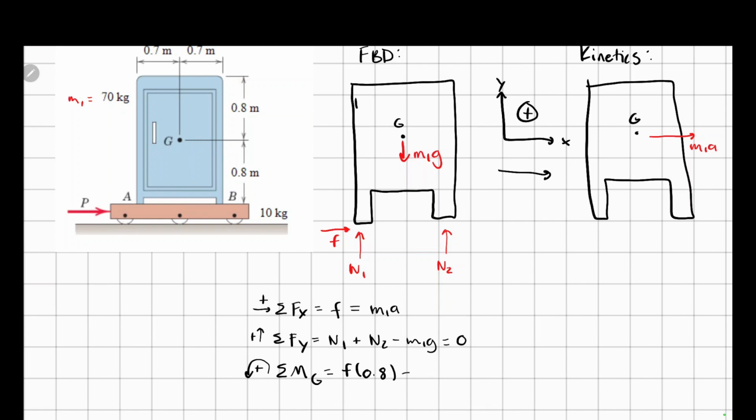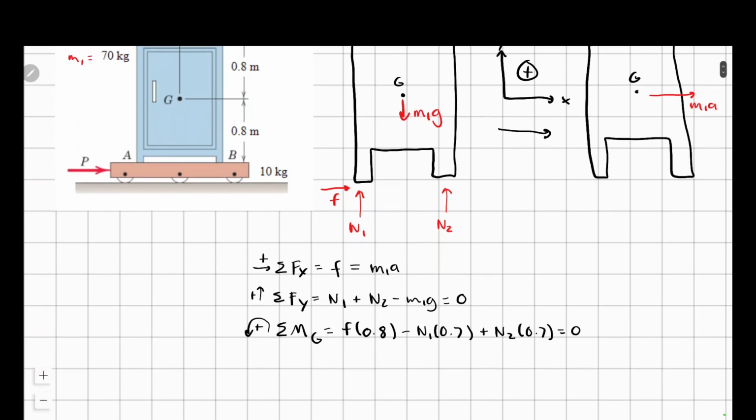And the distance would be from here to here, which is 0.7. So N1, 0.7. And then we have N2, which is the same as N1, except it would rotate it in the opposite direction. So that would be N2, 0.7, and that would be positive. And on our kinetics diagram, we don't have a moment, so that would just be 0.